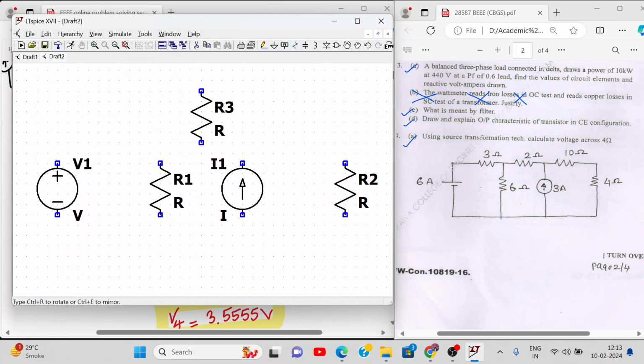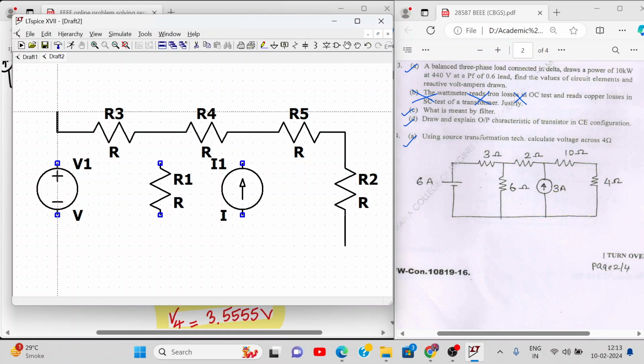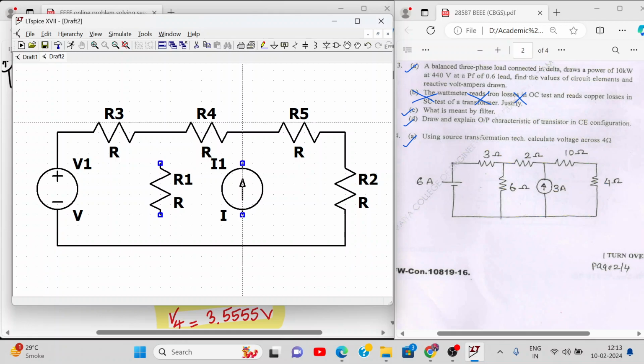Alright, now let me quickly connect this together. Oh, sorry. Alright, let me connect them together with a wire. I'll add the ground also.